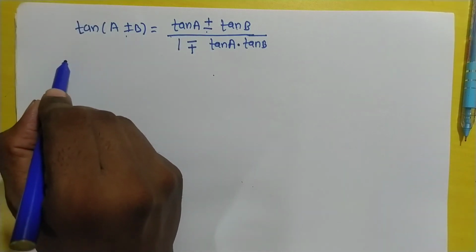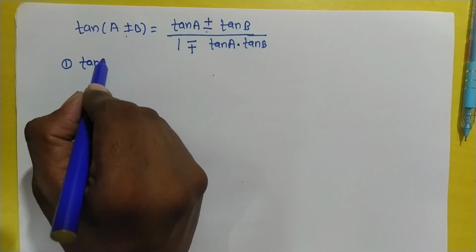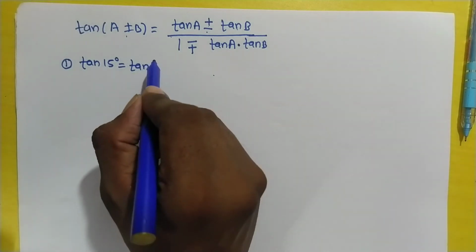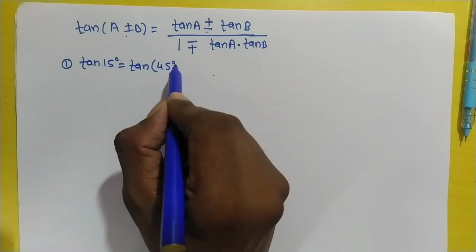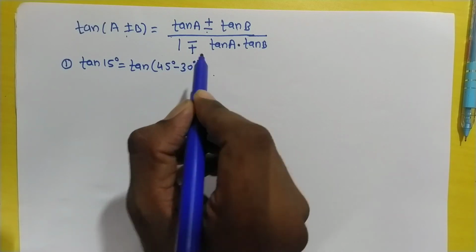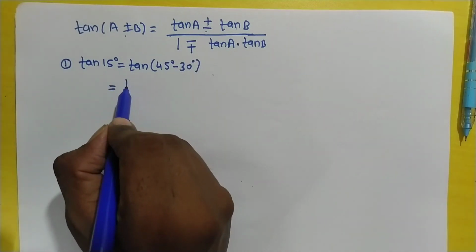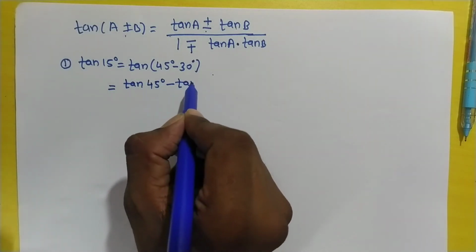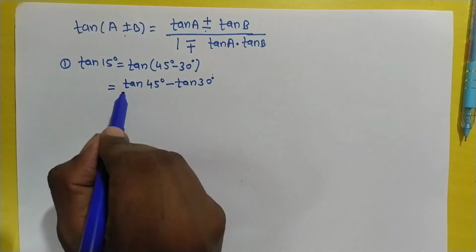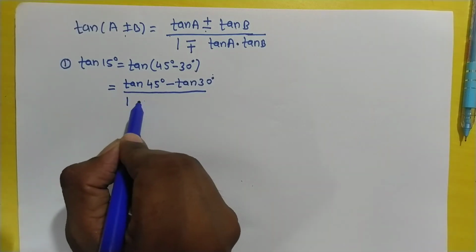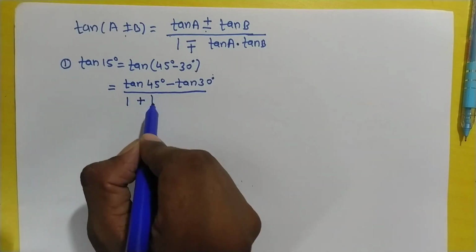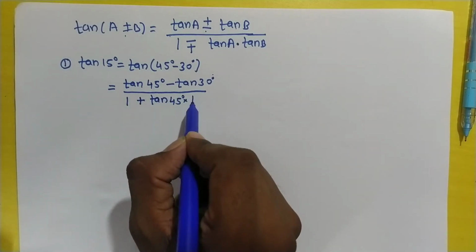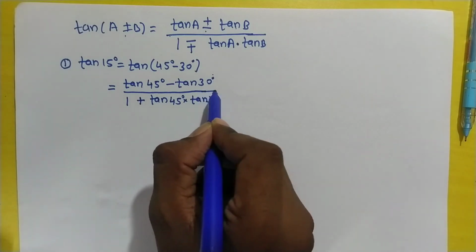So we take the first example, tan of 15 degree is equal to tan of 45 degree minus 30 degree. By using the formula, tan of 45 degree minus tan of 30 degree, take the same sign, on divide 1 take the reverse sign, that is plus, tan of 45 degree multiplication tan of 30 degree.